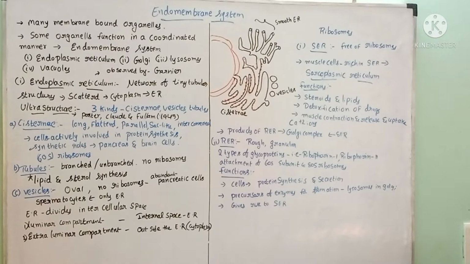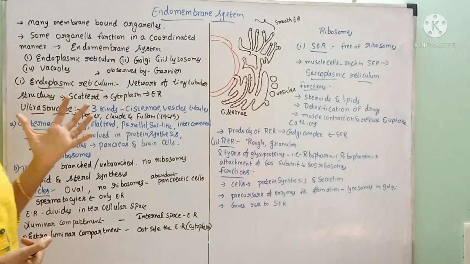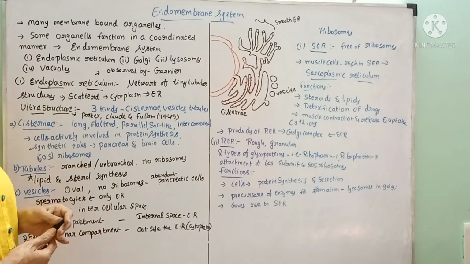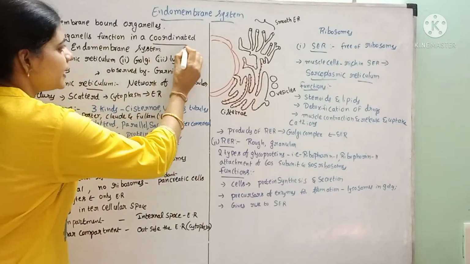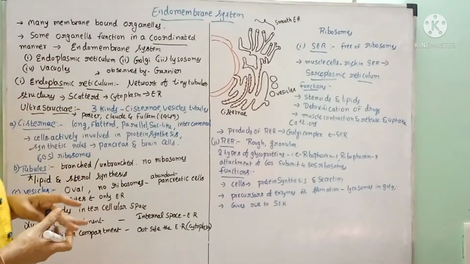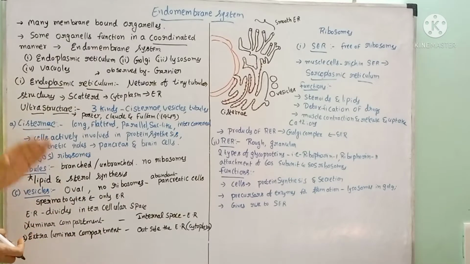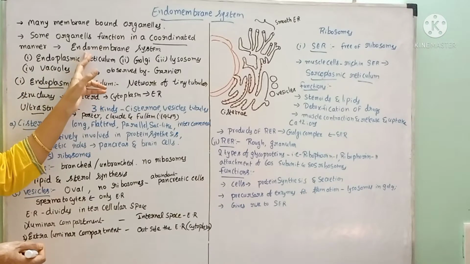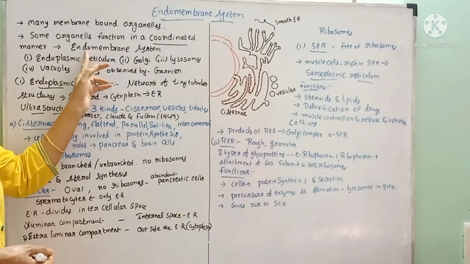What is the endomembrane system? There are many cell organelles, right? Some of these organelles function in a coordinated manner. The organelles that coordinate with each other form the endomembrane system.